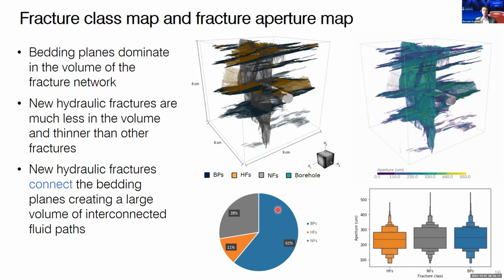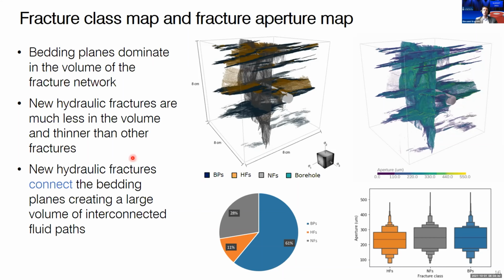So of the mapped fractures, about 61% of the open fractures are bedding planes, 28% are the pre-existing natural fractures, and only 11% of the total fractures are the hydraulic fractures generated by the injection.